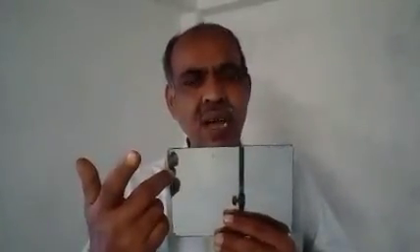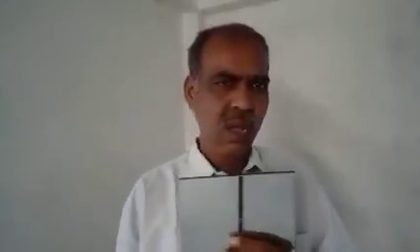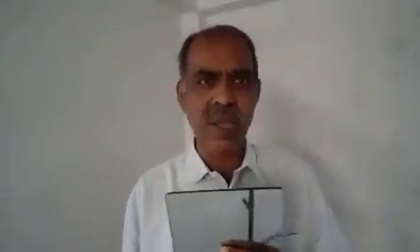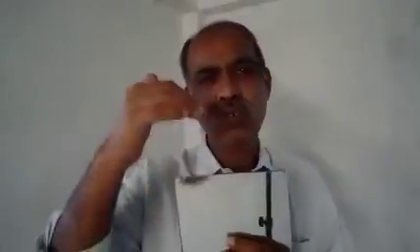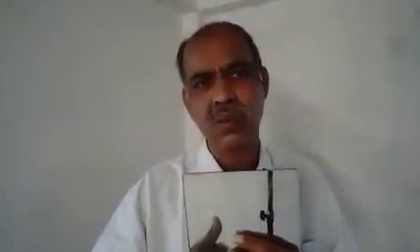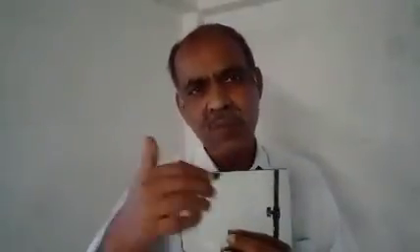If this is a triangle, how will you solve this? Here the base is there, where is the height? How do you calculate the location of the centroid? Since this is not a right angle triangle, from the vertex you draw a perpendicular on the base.